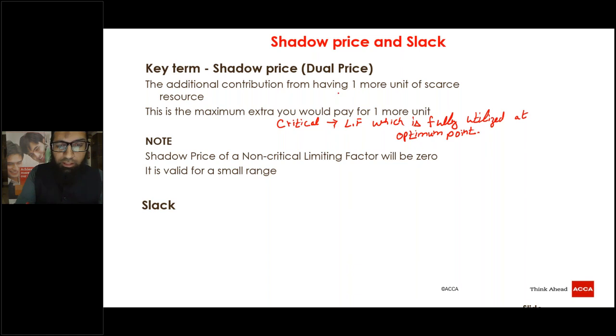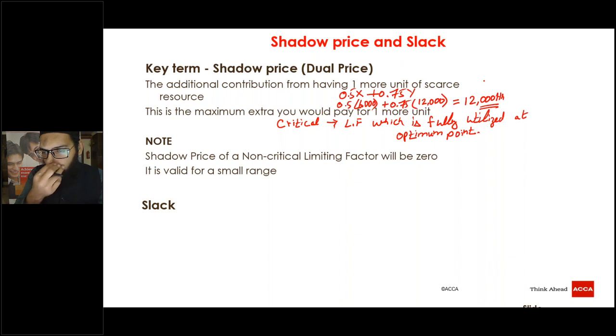If I can do it quickly, the constraint for labor was 0.5x plus 0.75y. So if I calculate 0.5 into 6,000, because there were 6,000 units of x, plus 0.75 into y, which was 12,000, you will find that your answer is 12,000 hours.